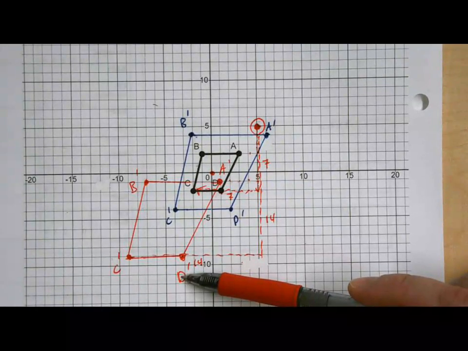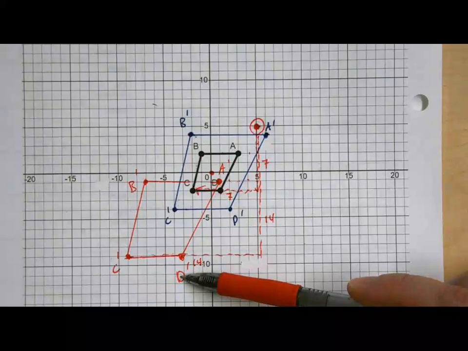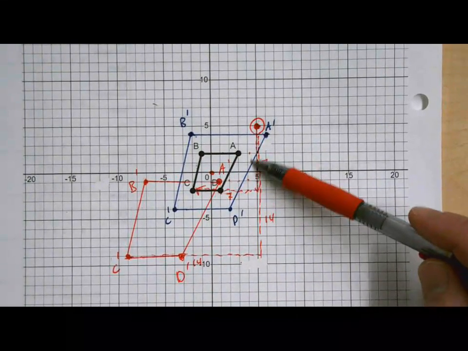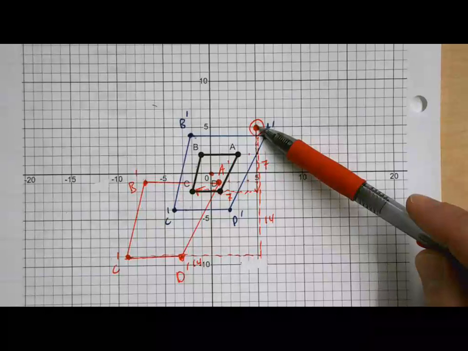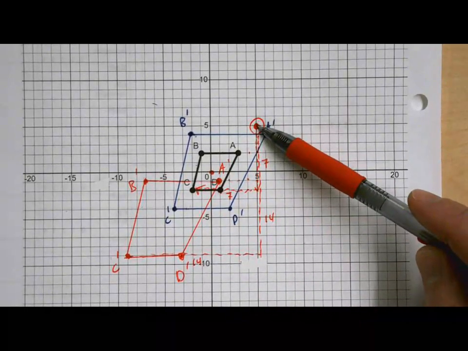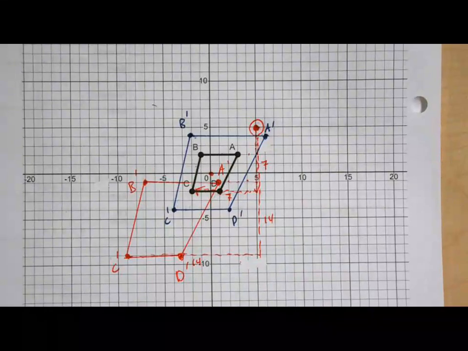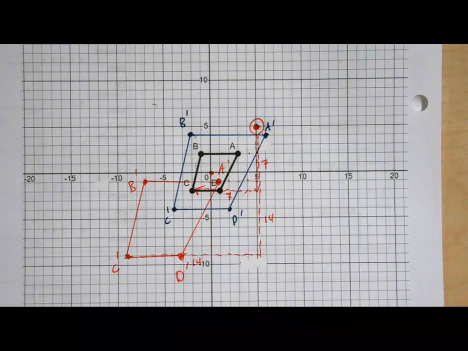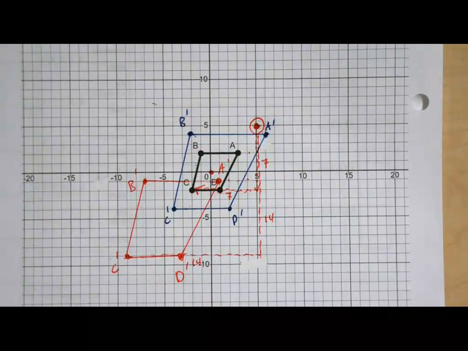Just translate it. And how far would I have translated it? Down 5 and over 5. Basically the opposite of where our center was. Our center was up 5 and over 5. We would have just translated in the opposite direction. But it's really just a matter of counting.